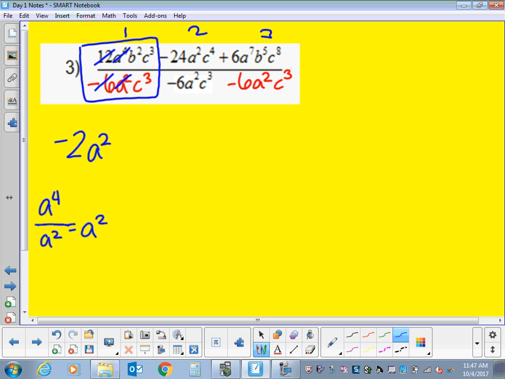B squared, is that matched up with anything? No, we can just write b squared, it doesn't go anywhere. And then I have c cubed divided by c cubed. Just 1. We don't have to write that 1, so those basically just cancel out. So that's for the first one.